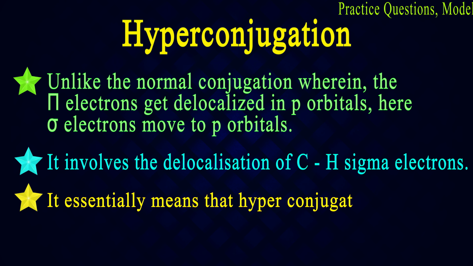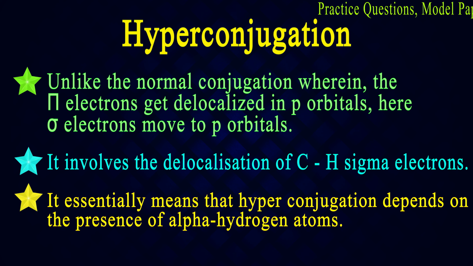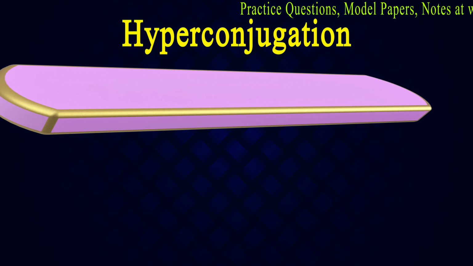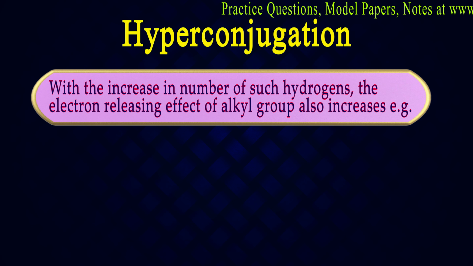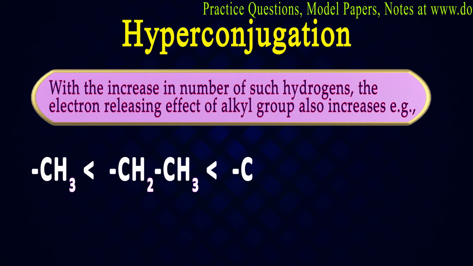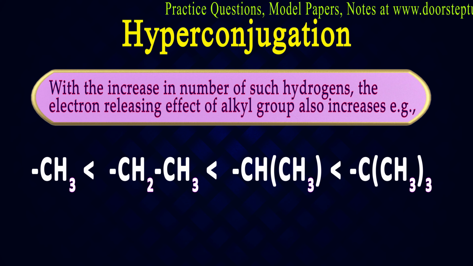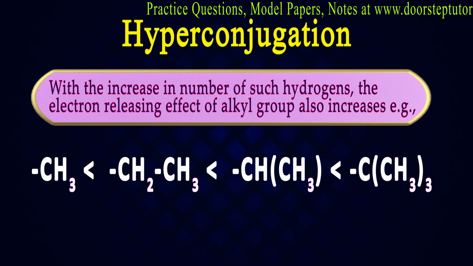It essentially means that hyperconjugation depends on the presence of an alpha hydrogen atom. So this is the requirement for hyperconjugation. Now the thing which Baker and Nathan observed is shown here in the order.